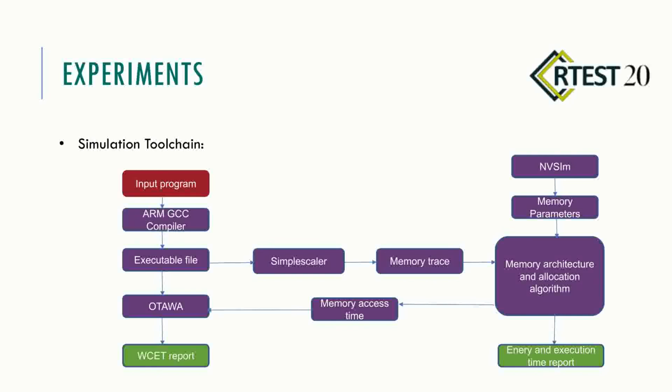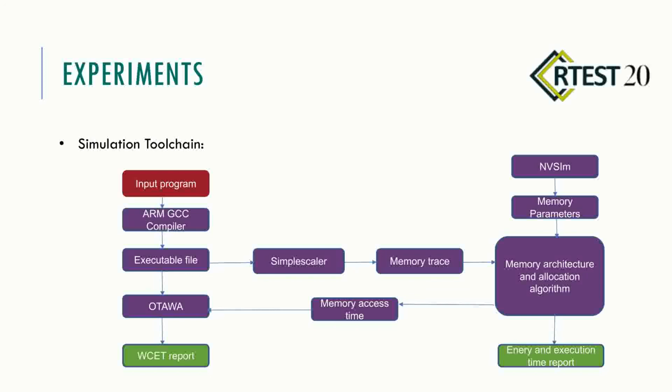Using this memory trace and memory parameters as input of our simulator, we simulate the on-chip memory architecture and the data allocation algorithm. The output of this simulator is energy and execution time of the program. There is also another output, which is memory access time for each on-chip memory architecture.